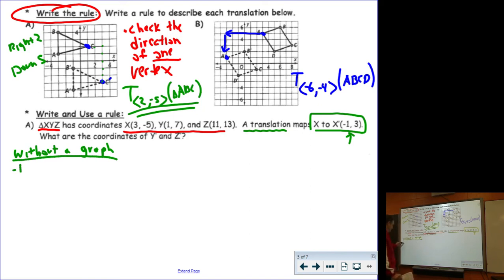Well, look at x and x prime coordinates. Look at the coordinates for x and x prime.